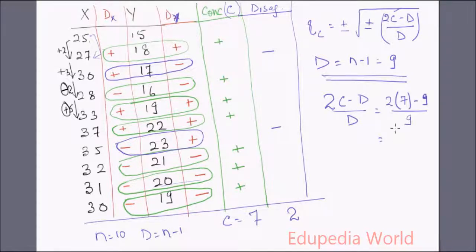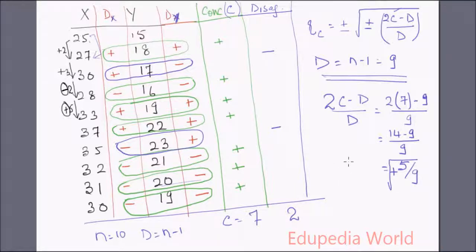So it's 7 into 2 is 14, minus 9 divided by 9, and that is equal to 5 by 9. Now we see that this is positive, right? This is positive. So once it is positive, I'll take that even outside the root, and then of course I'll find the root of this value.